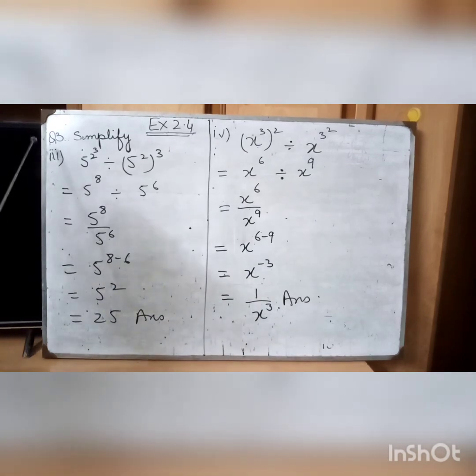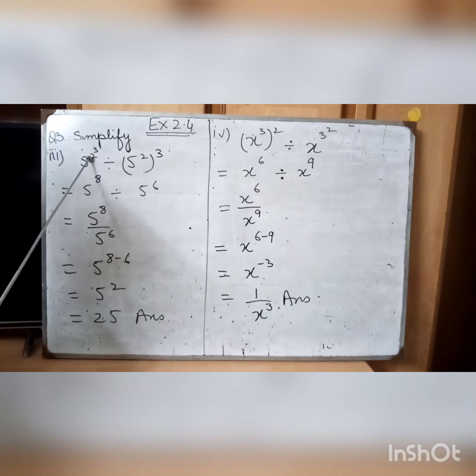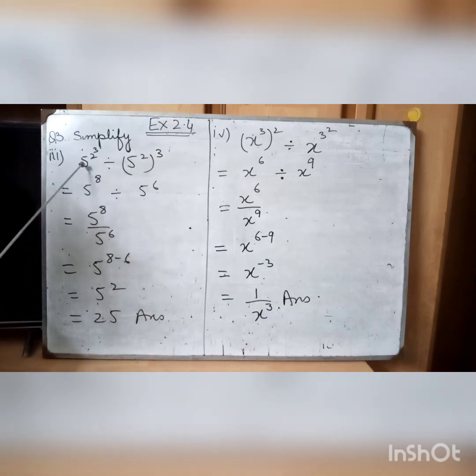Question number 3, part 3: 5 raised to power 2, all raised to power 3, divided by 5 square with exponent 3. In this expression, the exponent of 5 is 2 raised to power 3.